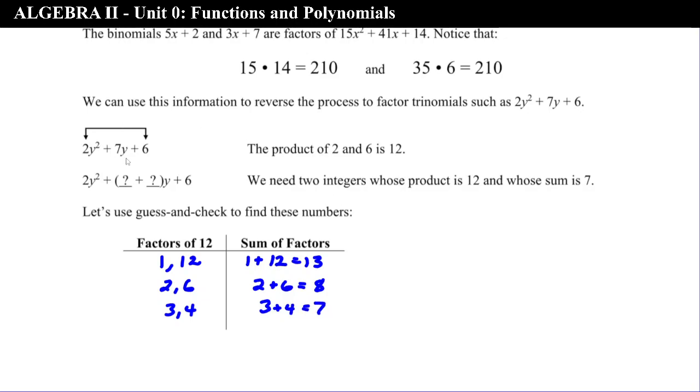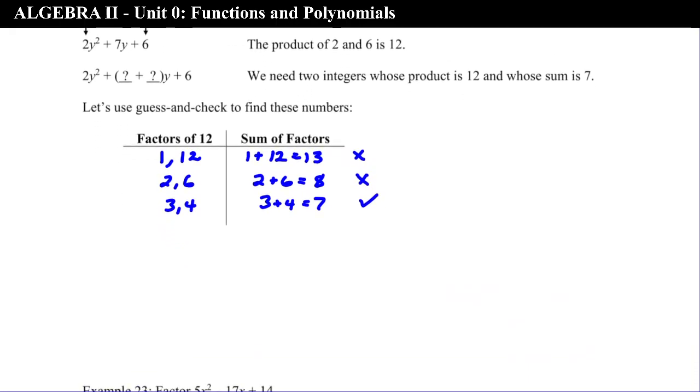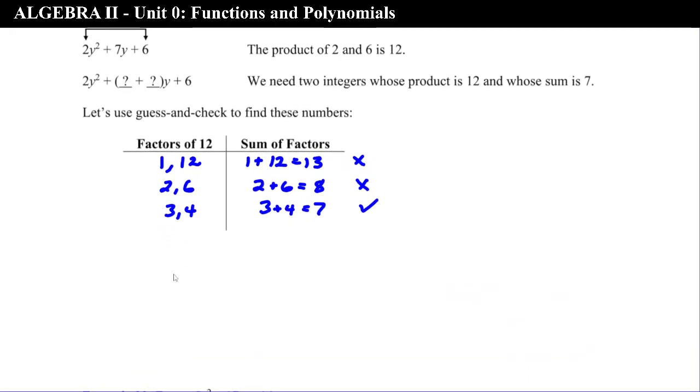Well, we want one that gives us the sum of 7, right? So the first one doesn't work, the second one doesn't work, but the third one does. Okay? So we're going to select 3 and 4 as our factors. And when we do that, we're going to end up breaking our middle term apart.